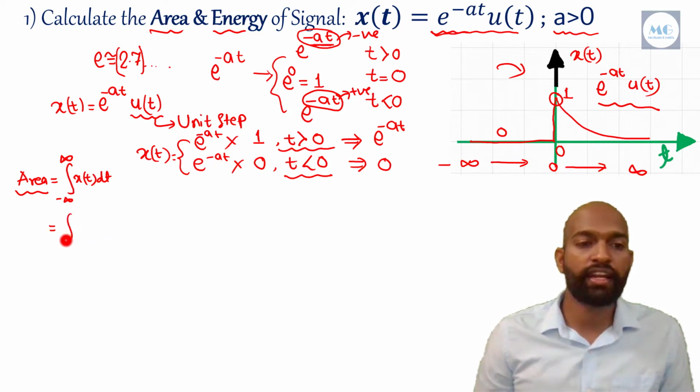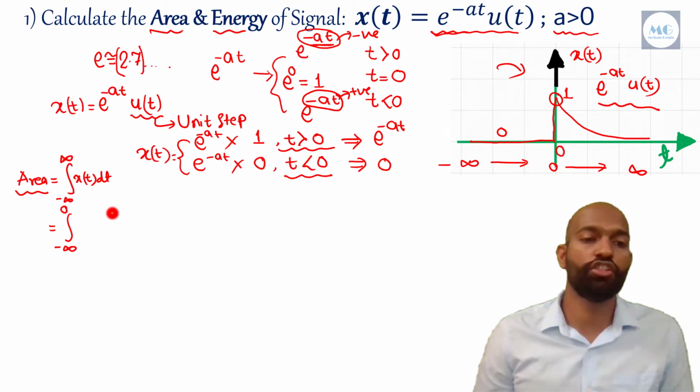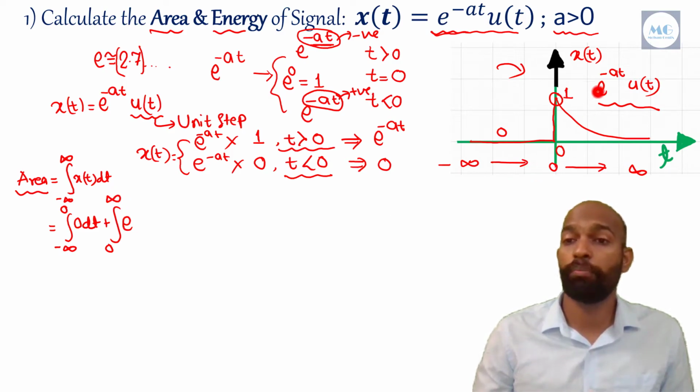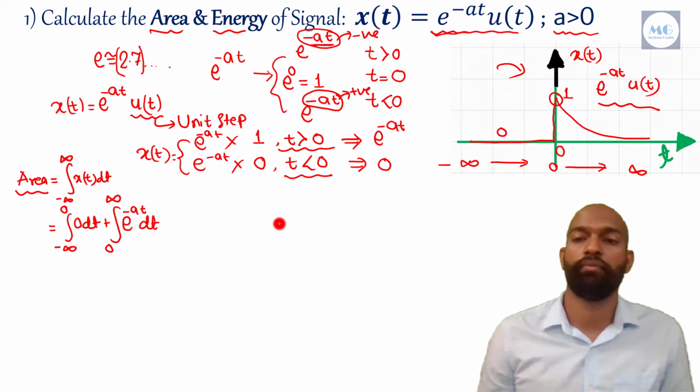From minus infinity to 0 its value is 0, so I can write 0 dt, plus from 0 to infinity its value is e to the power minus at u(t). I will write it as it is, e to the power minus at dt.